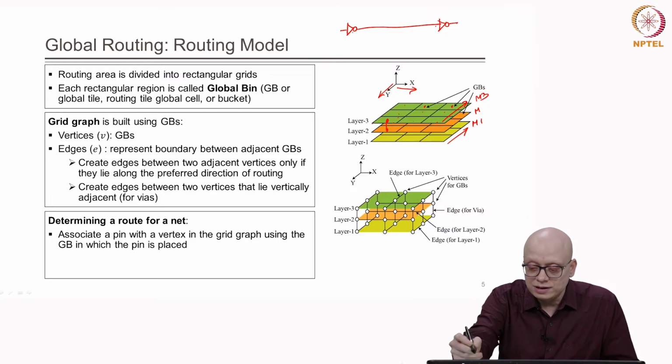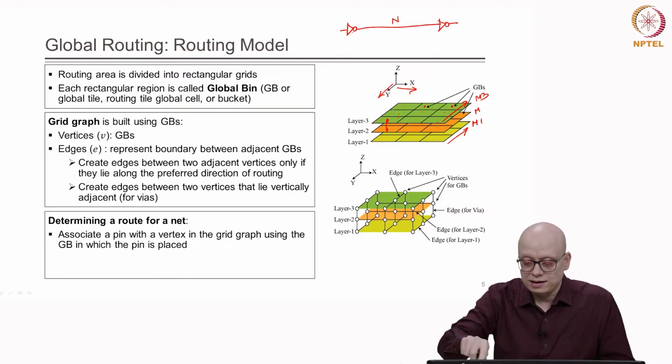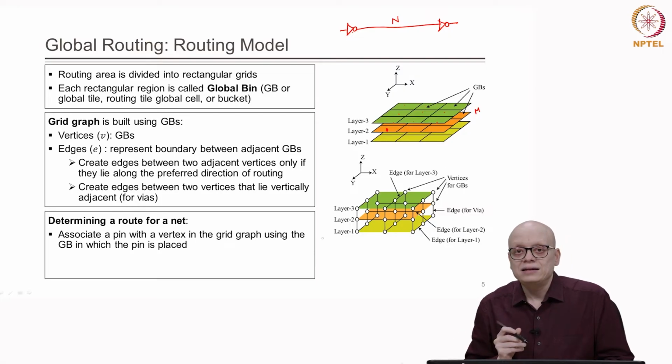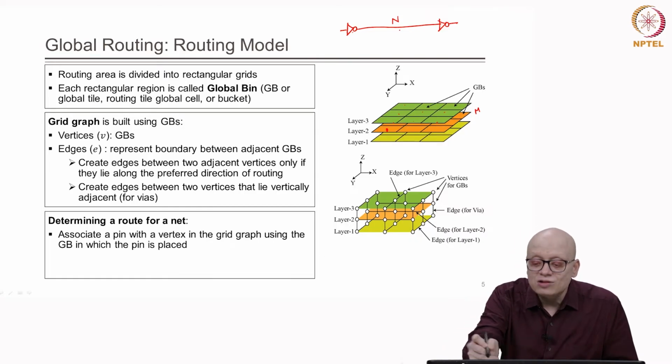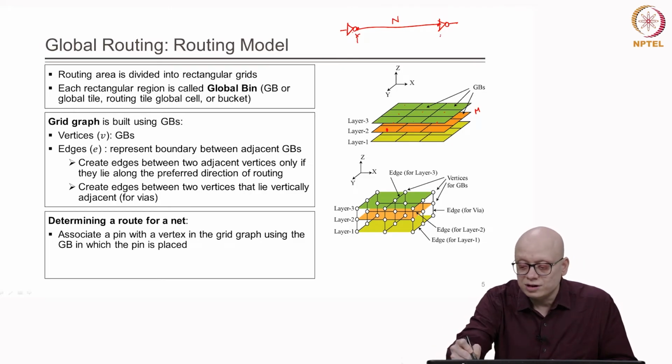This inverter is driving the next one, and let us call the net name N, right. So, we want to create an interconnection for this net N. The first thing we need to do is locate where the pins are for this net. So, the pin is this, let us call this the Y pin and this the X pin, right.